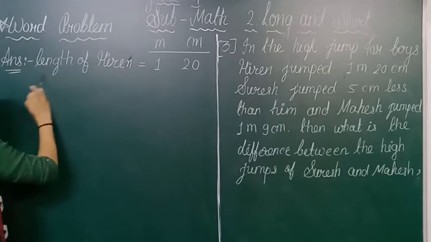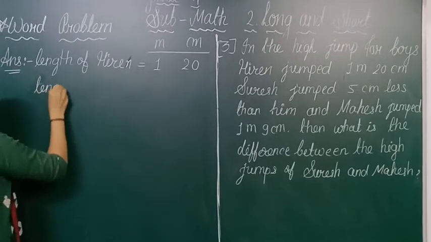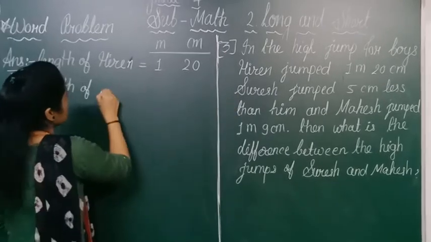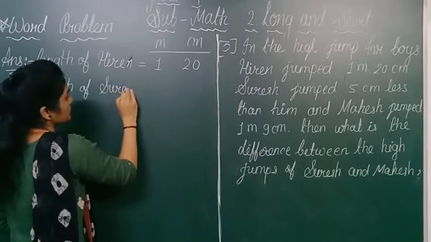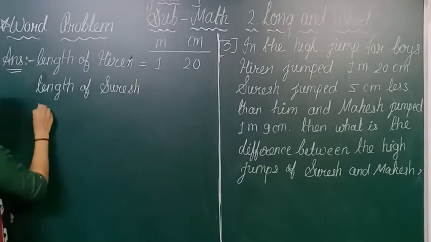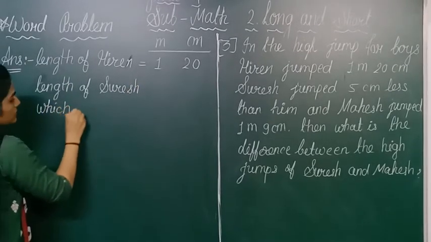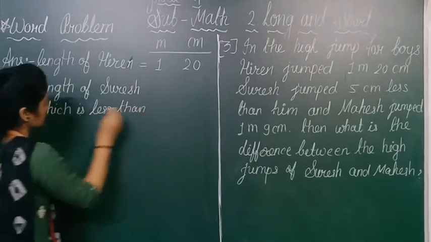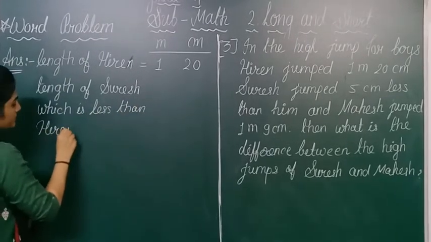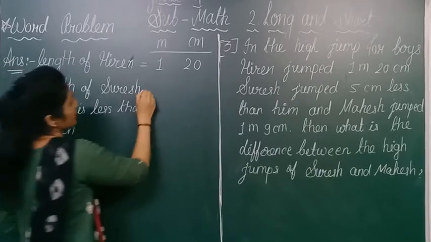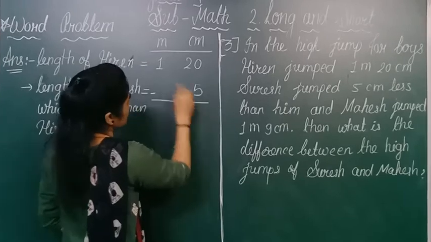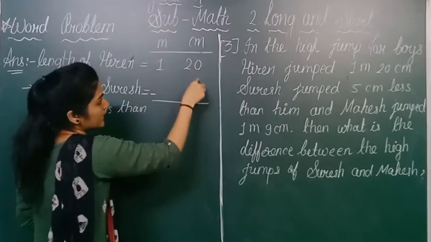So this 5 centimeter is the length of Suresh which is less than Hiren. So we are subtracting this 5 from this 1 meter and 20 centimeter.